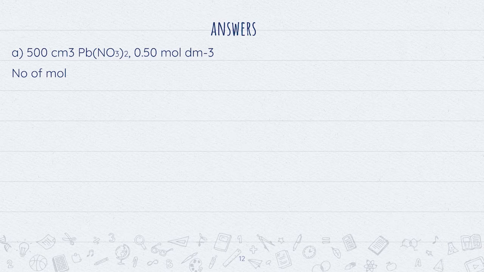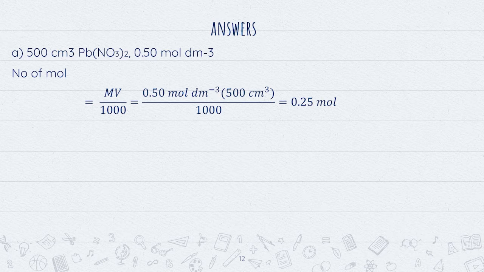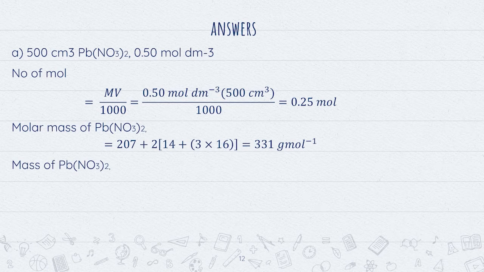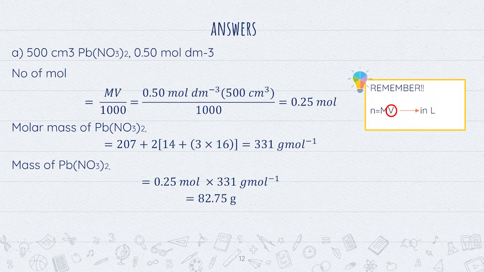Based on this information, we can find the number of moles using the formula MV divided by 1000, and substituting the values we get a mole of 0.25. Then we can calculate the mass of lead nitrate by multiplying the mole and the molar mass together, and we get 82.75 gram. So the mass of solid lead nitrate is 82.75 gram.